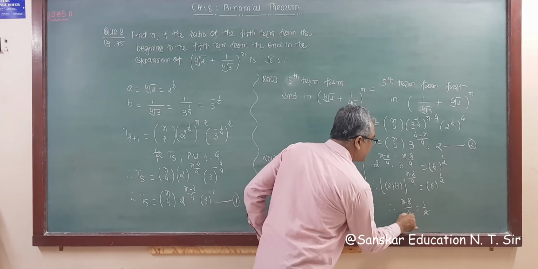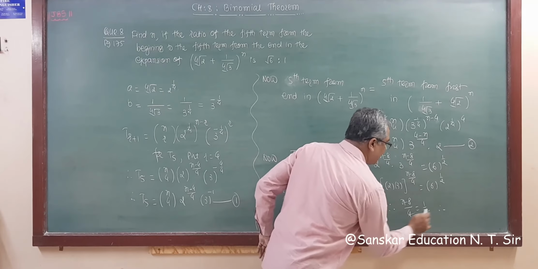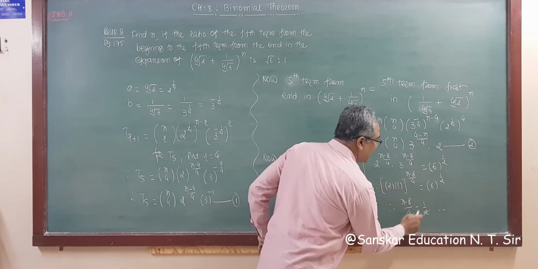So these 4 and 2 will be cut. So n minus 8 is equal to 2, that is n is equal to 10, right? This is a nice question for practice and for exam. It's an important question for 4 marks. Okay, so do remember this.